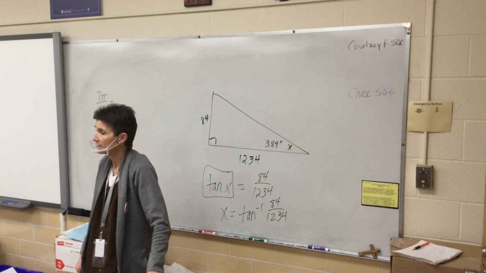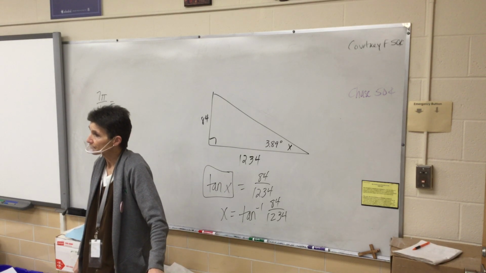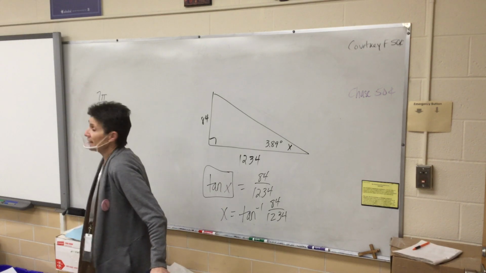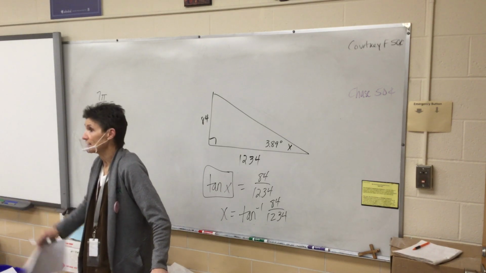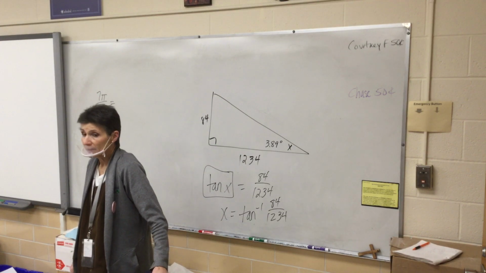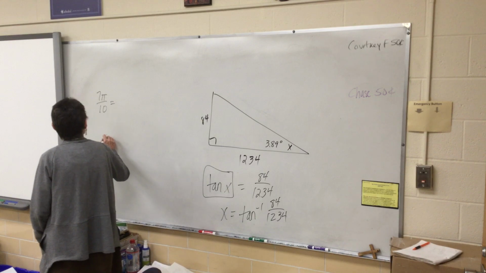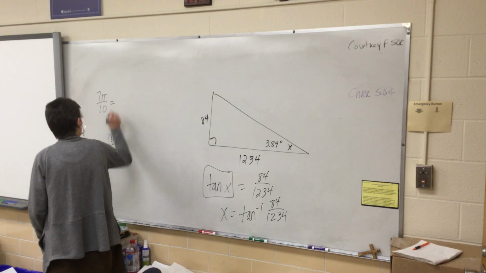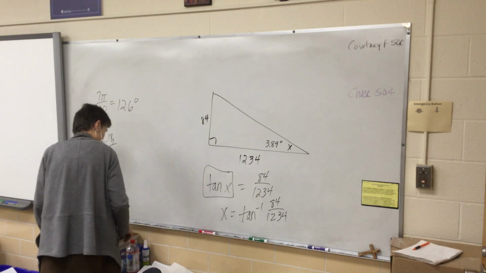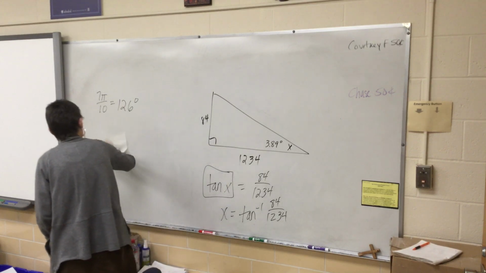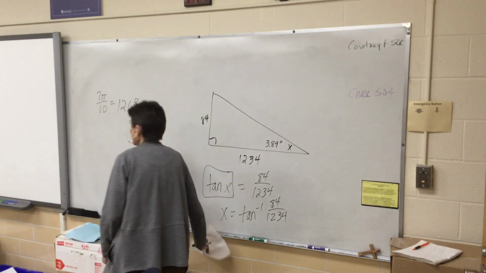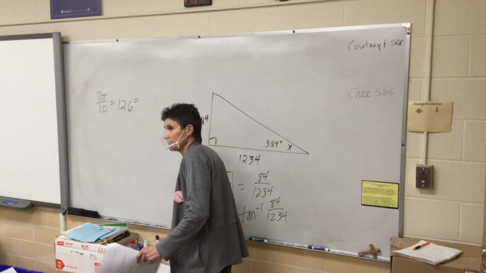Ella, would you do 180 times 7 divided by 10? Yep. I would do 180 divided by 10 times 7, but the order doesn't matter. So what do you get when you do that? 126. 126 degrees? Yeah. Well, you can't mess it up, Mary Kate. 7 times 180 divided by 10.